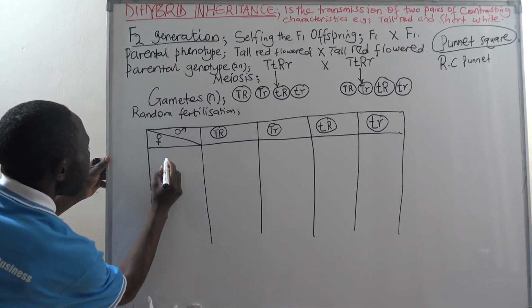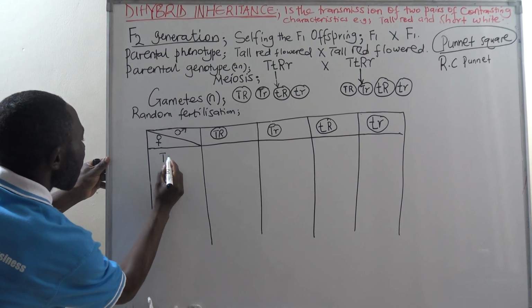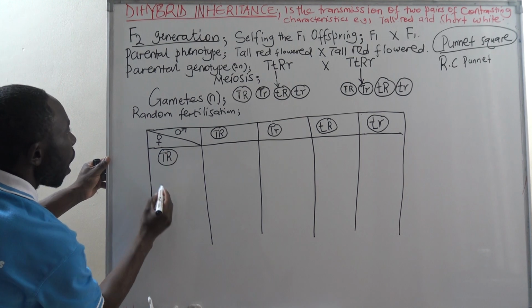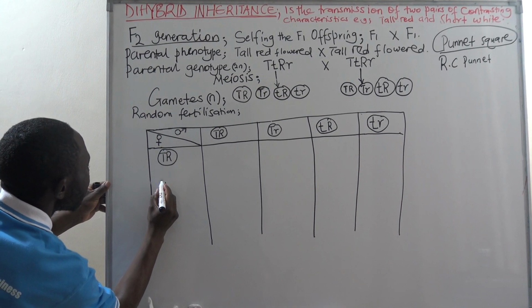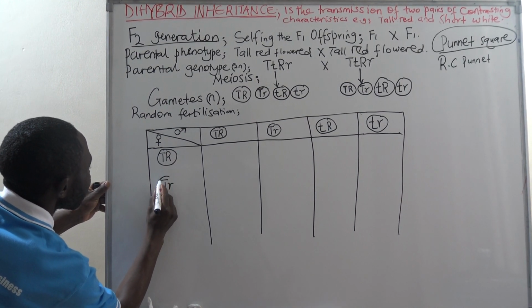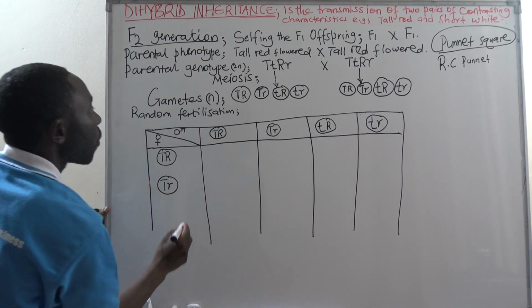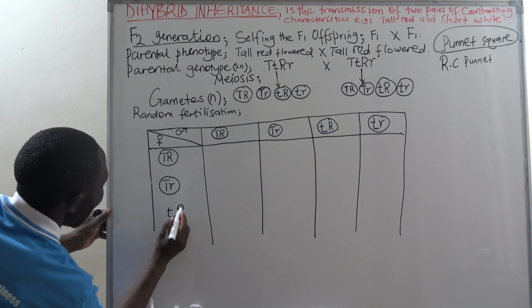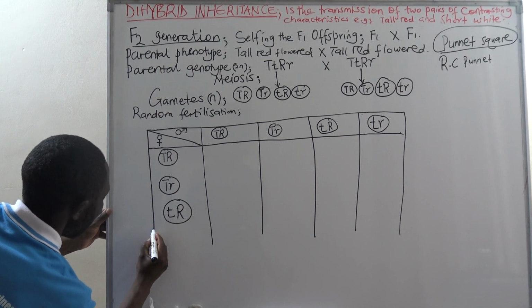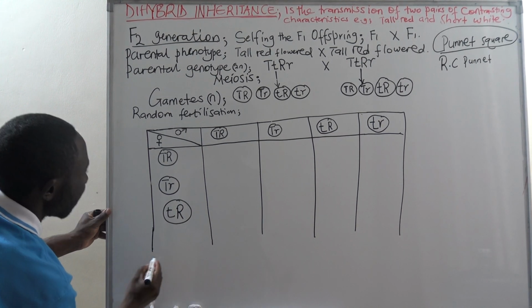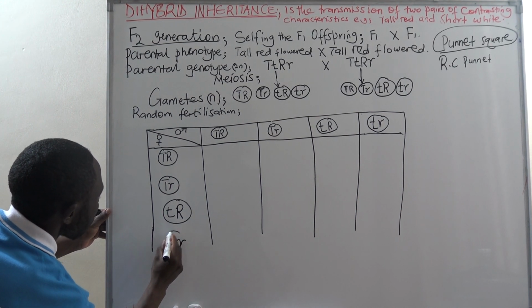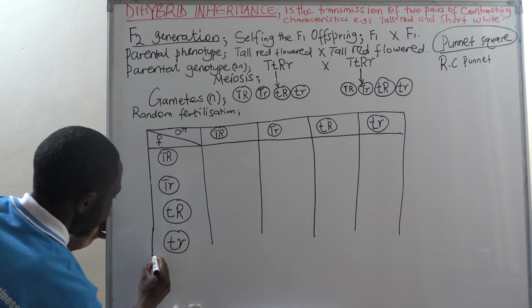We shall have capital T, capital R. Then we shall also have capital T, small r. I'll also have small t, capital R, and then lastly small t, small r. Those are the female gametes.